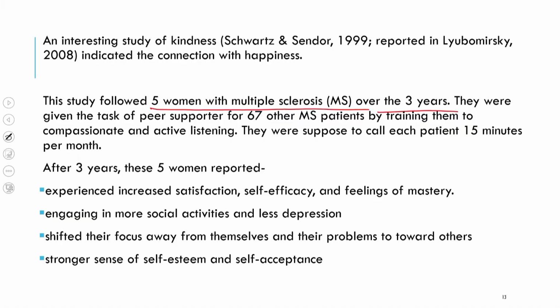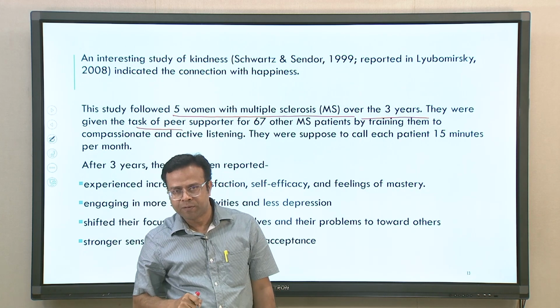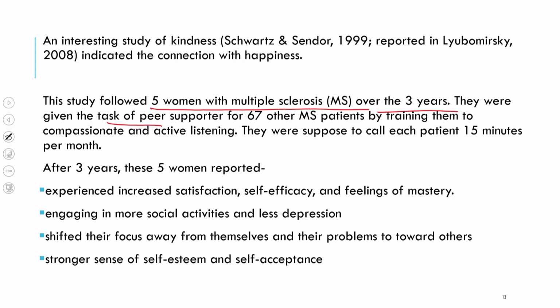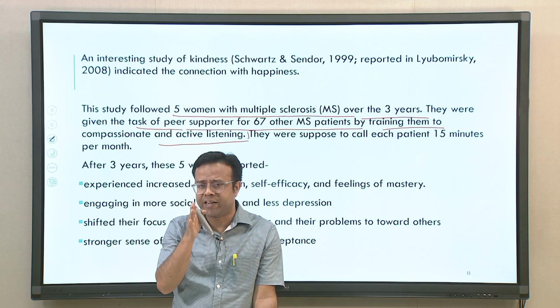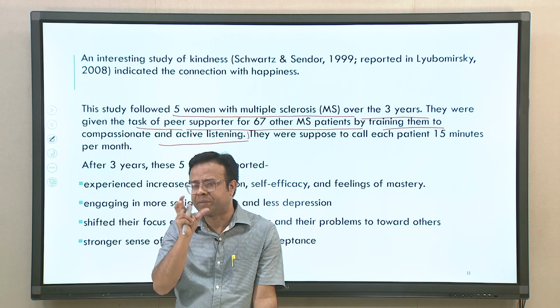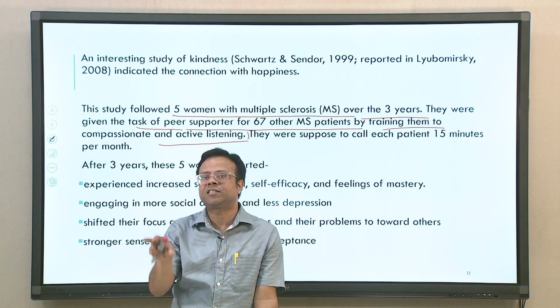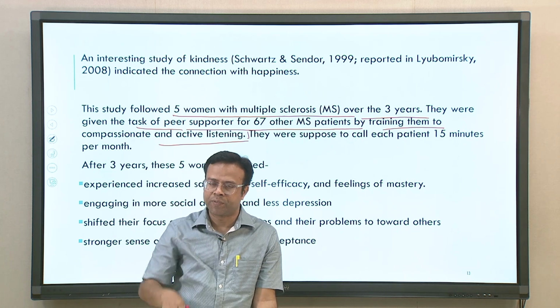The researchers gave a task to these 5 women who had multiple sclerosis. Their task was to provide peer support for 67 other MS patients by training them to be compassionate and active listeners. The researchers asked these 5 women to support 67 other similar patients just like them.